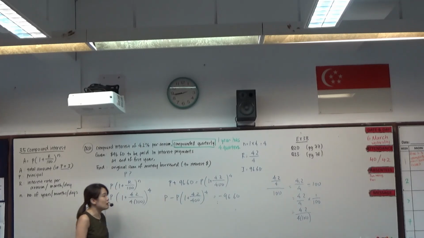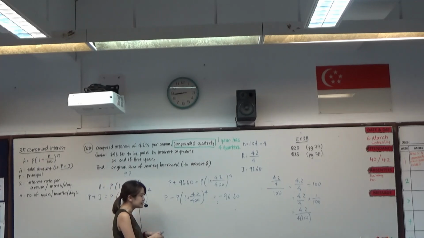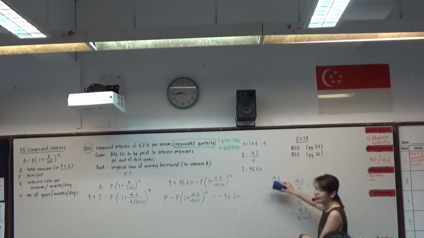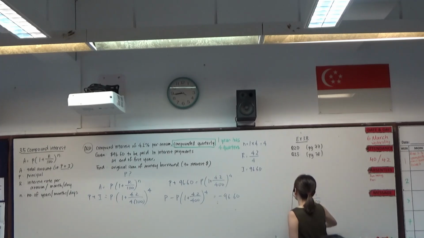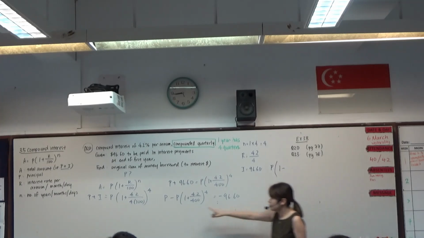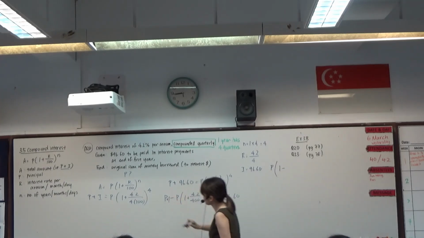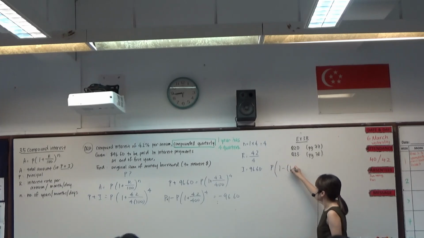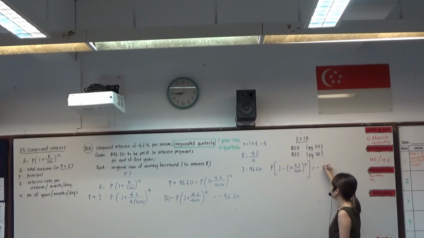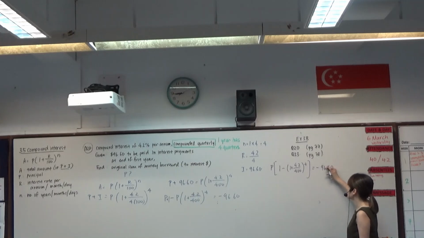Then what we need to do is to factorize out the P. I need to factorize out the P, which is 1 whole, because this is P times 1, minus away 1 plus 4.2 over 400 to the power of 4 equals negative $96.60.